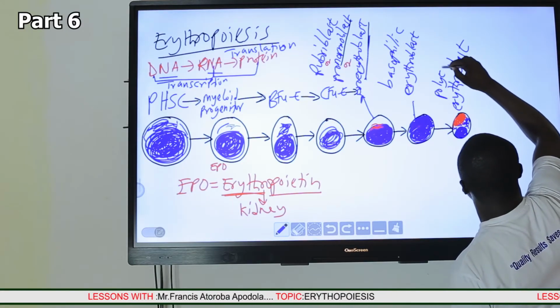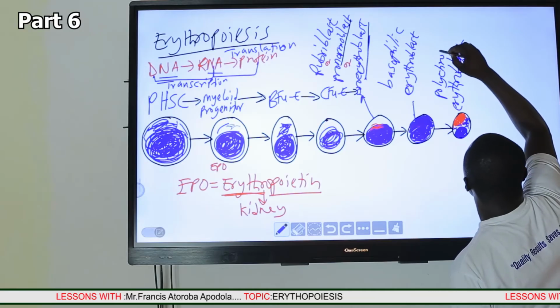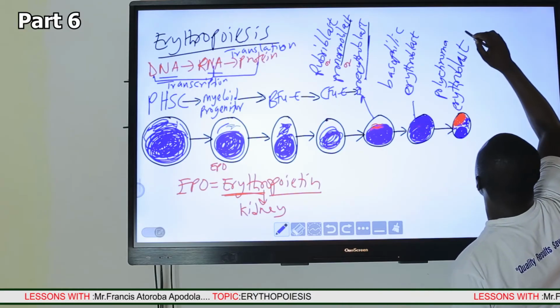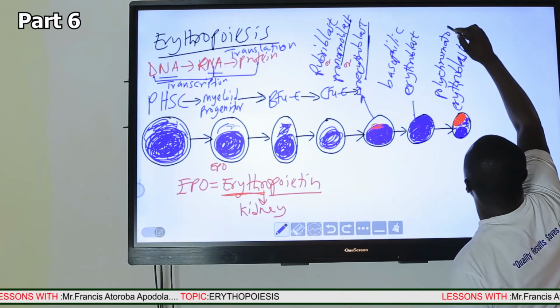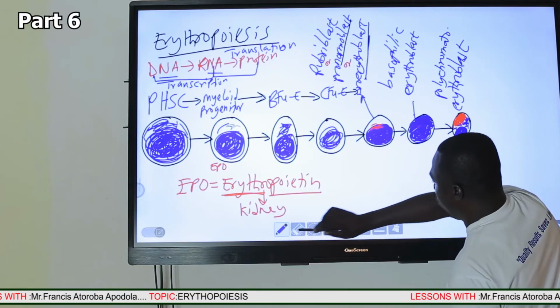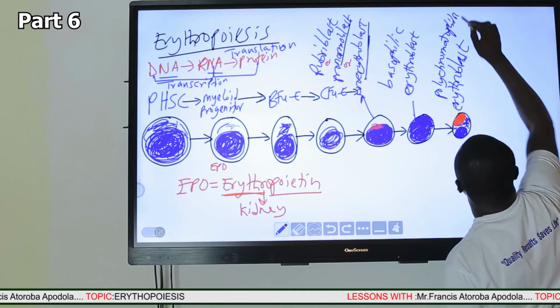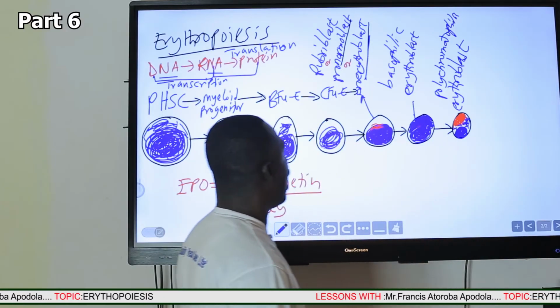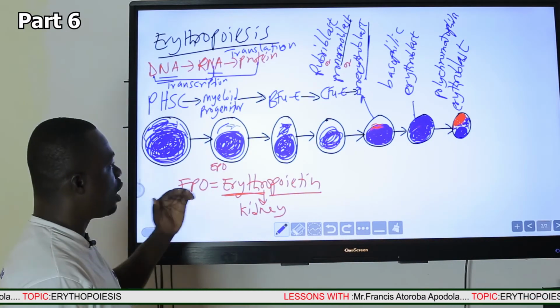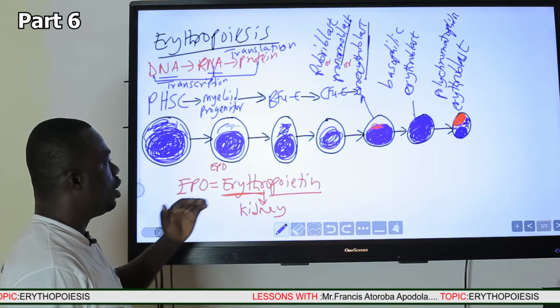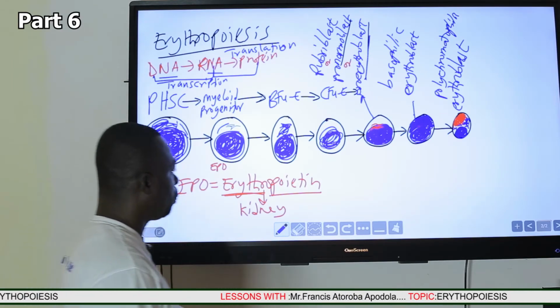So this is called polychromatophilic. So this is a polychromatophilic erythroblast. So we have basophilic erythroblast, polychromatophilic erythroblast.